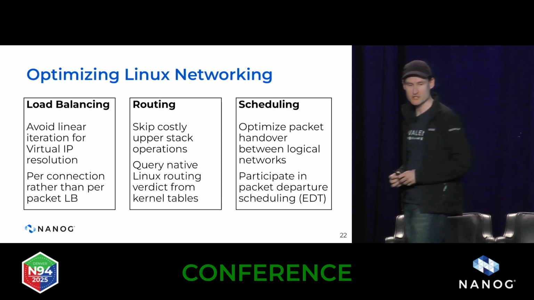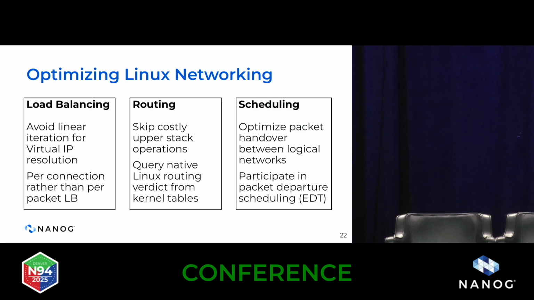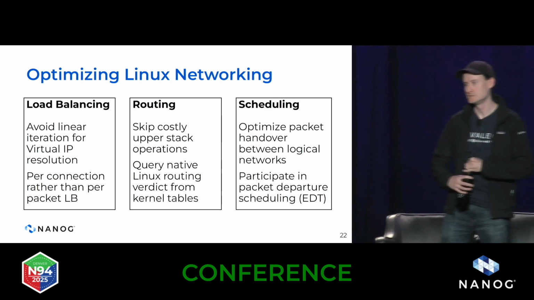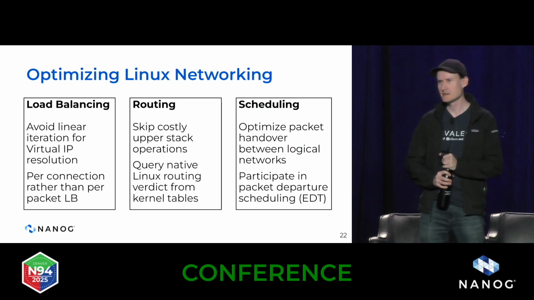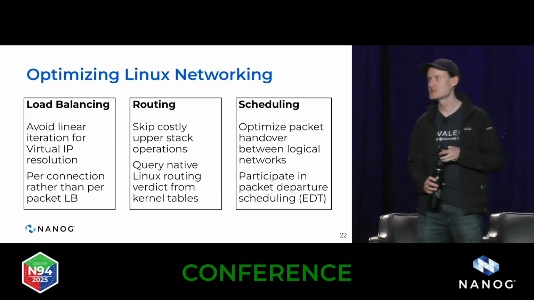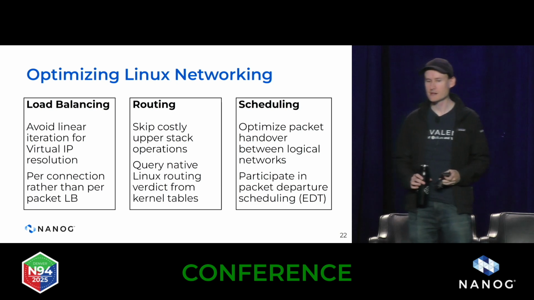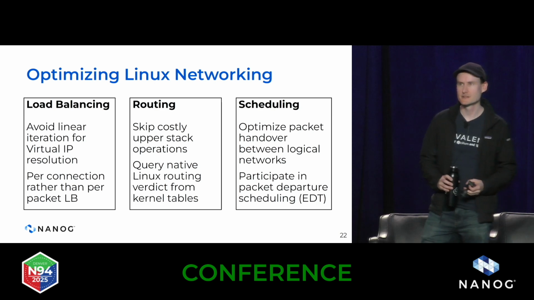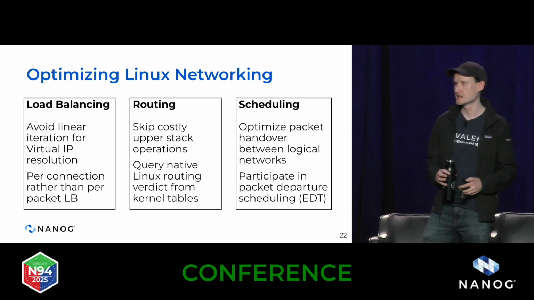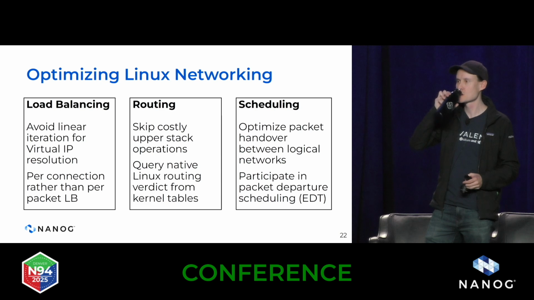We've been doing a bunch of work on the routing stack as well. One of the things we find is that the Linux kernel is built to be very generic, and there are a lot of building blocks that you can customize to do what you would like to do within that environment. But that generic building-block style of building the upper networking stack can incur a performance cost.